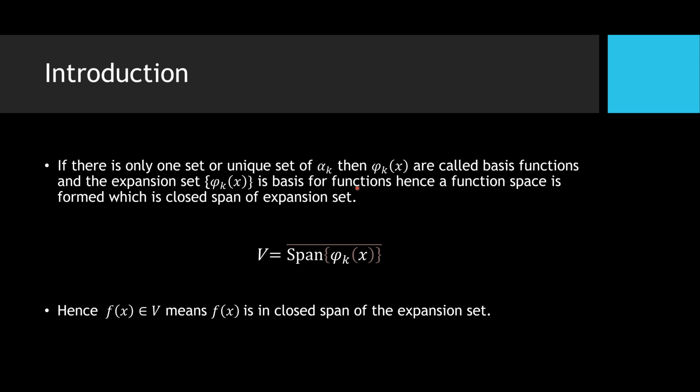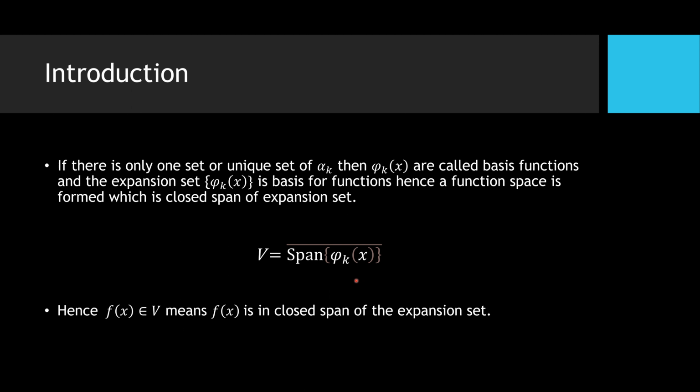Basically, if the expansion coefficients form a unique set, then the psi k of x are called basis functions. The expansion set of psi k of x is also known as a basis for the functions. Hence, a function space is formed which is the closed span of the expansion set. That is, we can write V equal to the closed span of the set psi k of x.